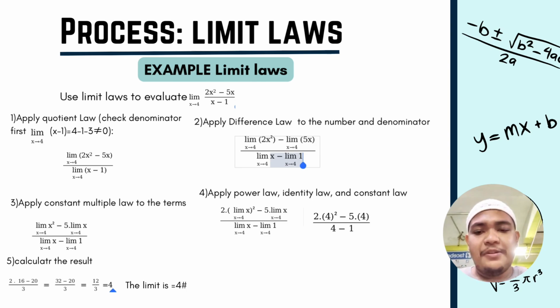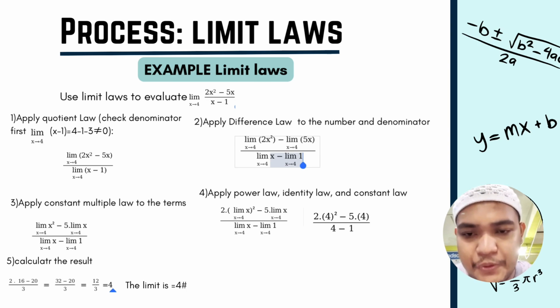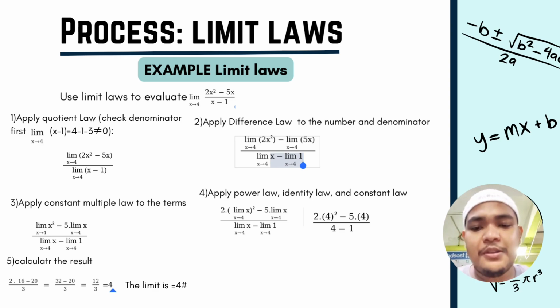First, check the denominator first. Let x equal 4, x minus 1 equals 4 minus 1 equals 3, which is not equal to 0. So, the limit as x approaches 4 of 2x squared minus 5x over the limit as x approaches 4 of x minus 1.